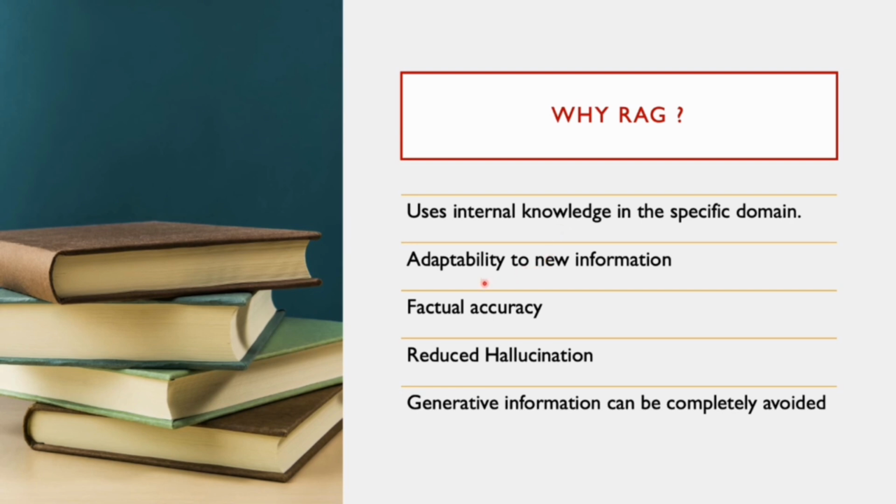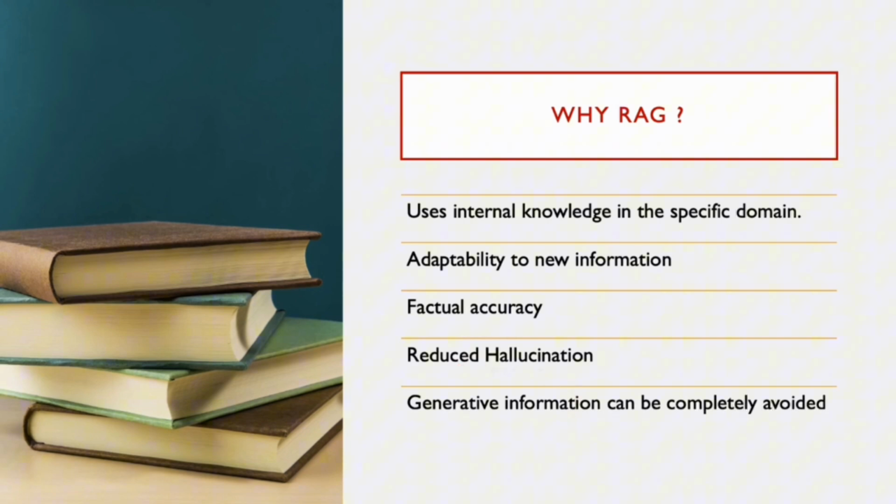It will adapt the response based on the new information being added. It will also improve the factual accuracy of the data. So it's not based on the interpretation of internet, but really based off of what you have in your data stores. It will either have no hallucination or at least reduce hallucination.